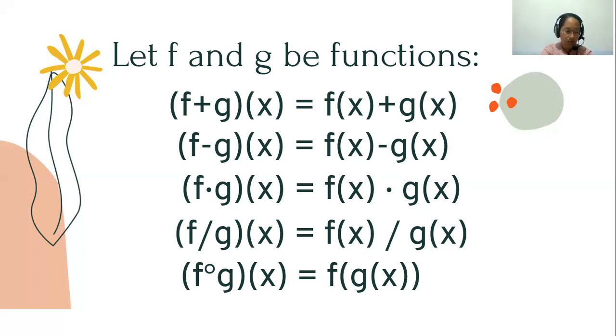So their quotient is denoted by f over g. And the last one is the notation for the composite function, denoted by (f ∘ g)(x) is equal to f(g(x)). The process of obtaining a composite function is called function composition. So let's have examples.